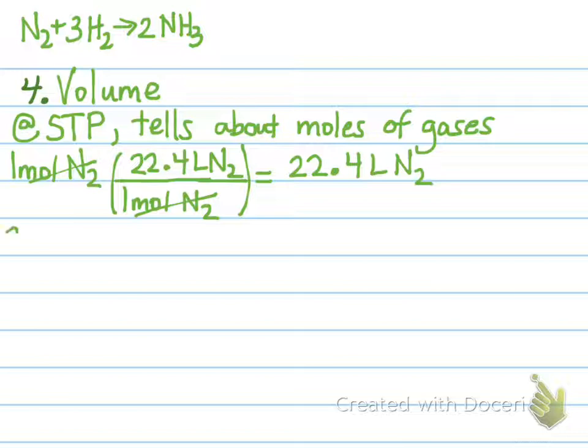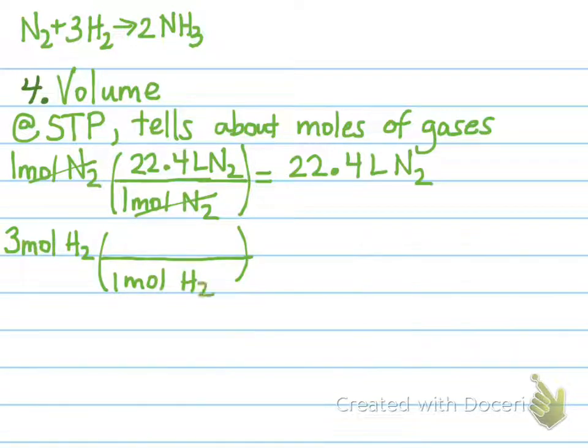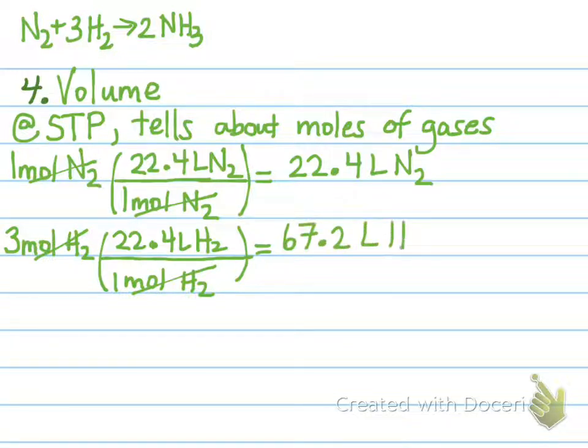Okay, for hydrogen, I have 3 moles of hydrogen gas. And again, I know because of molar volume that 1 mole of hydrogen gas occupies a volume of 22.4 liters at STP. So, 22.4 times 3 gives me 67.2 liters of hydrogen gas.